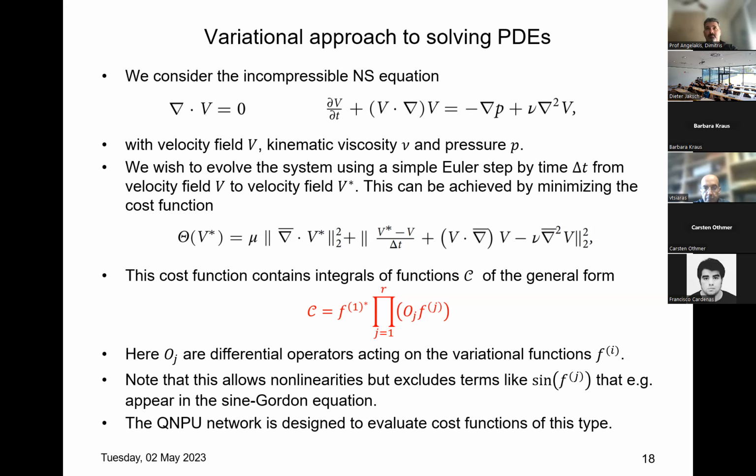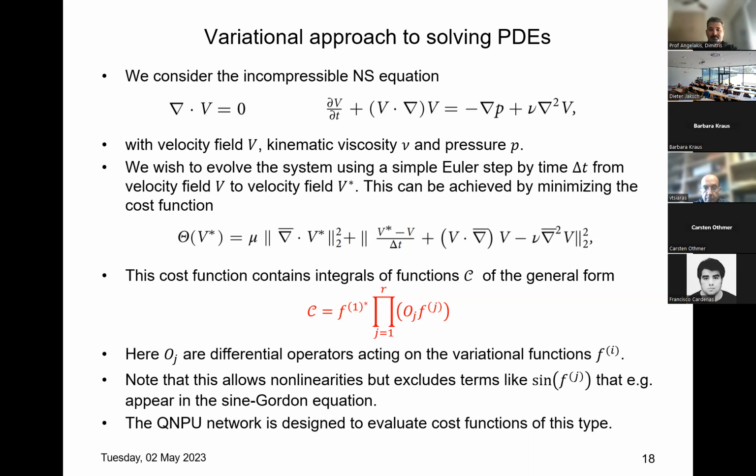I tried to find out, I couldn't find it. I don't think there is really an action for the Navier-Stokes equation. If there were, then of course this would be one way to do it. Does anybody know if there is one? Good question, because if there were one, then you would have other ways of solving it. But I guess if there were one, somebody would have found it.